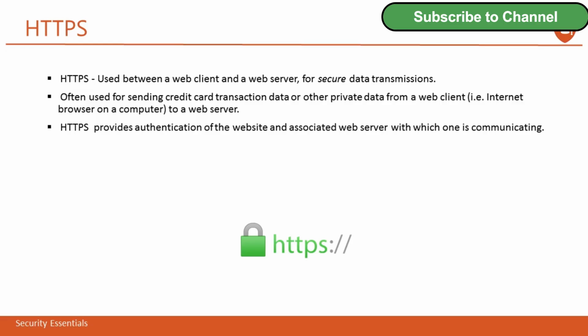You're sending this to a web server, and you can share your credentials, you can share your credit card numbers and things like that in HTTPS because it's a secure channel between your browser and the server. It uses SSL technology and encryption, which we'll discuss later. So HTTPS provides authentication of the website and associated web server with which one is communicating.